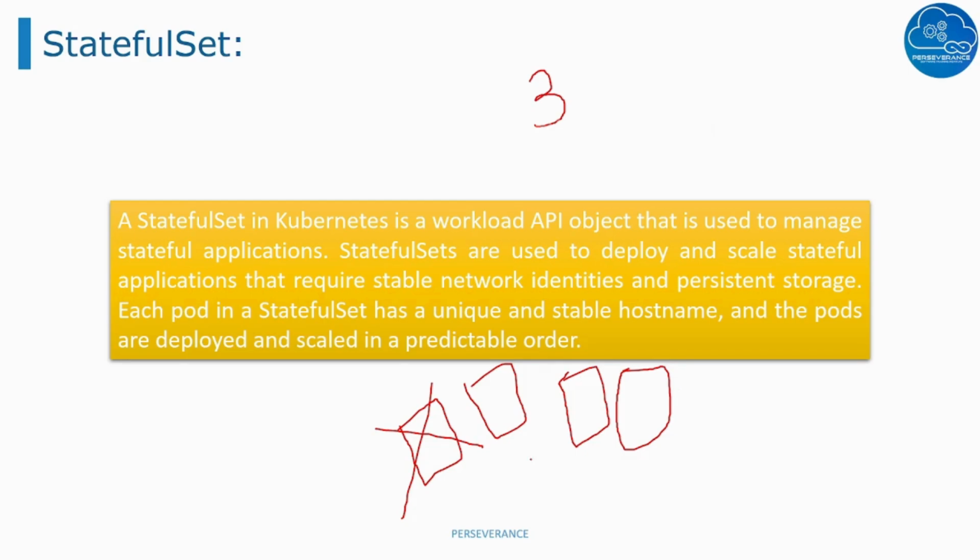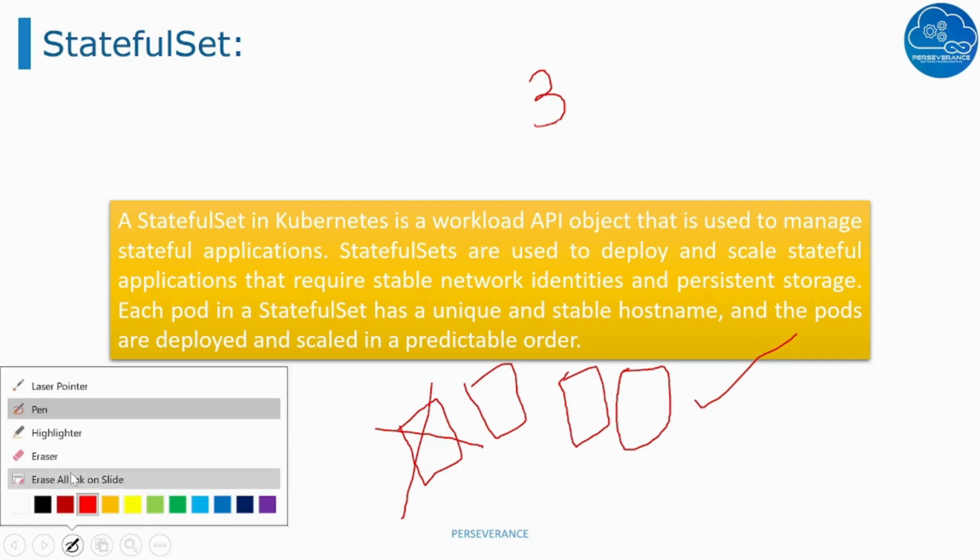But the thing is, the names of the pods are ephemeral. Meaning it's not a constant name given to the pods. It's a mix of alphanumeric and dynamic values assigned as the pod identities, right?